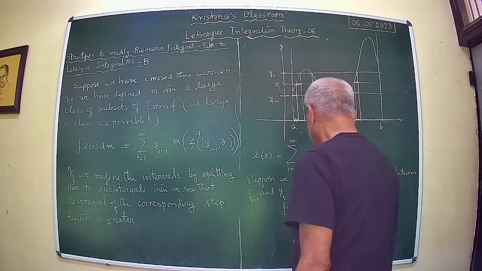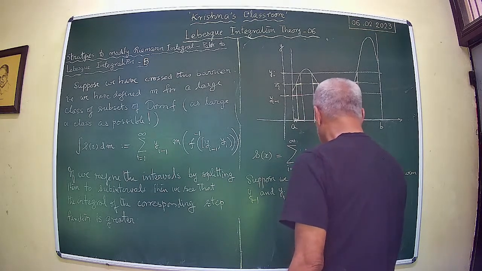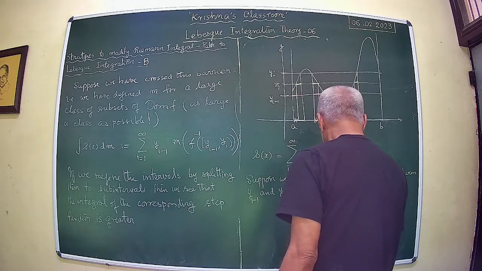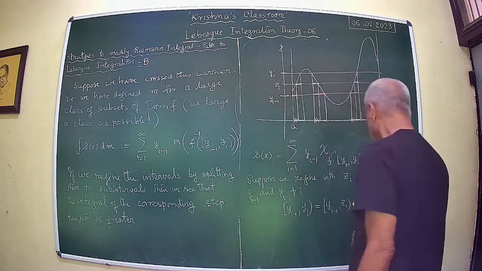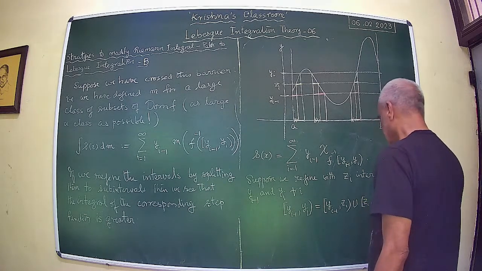yi minus 1 yi is essentially equal to yi minus 1 zi union zi.